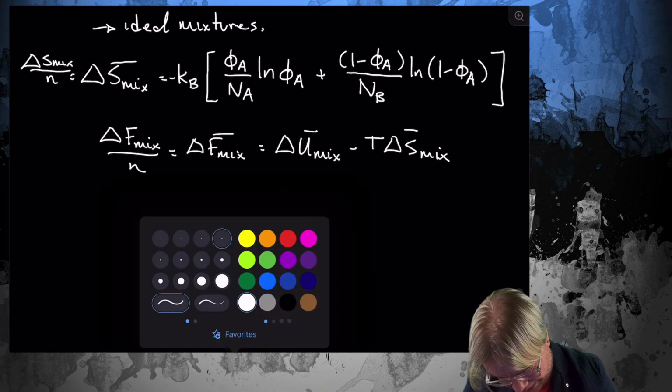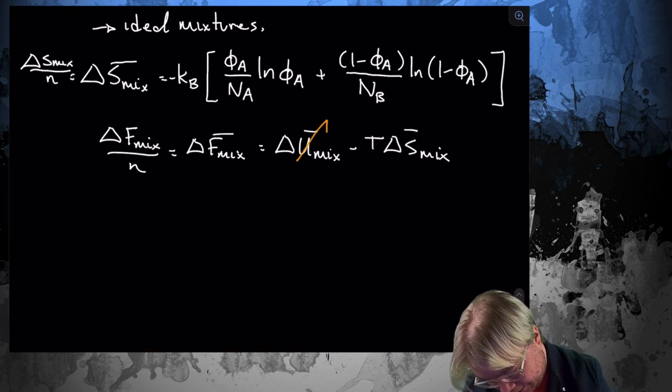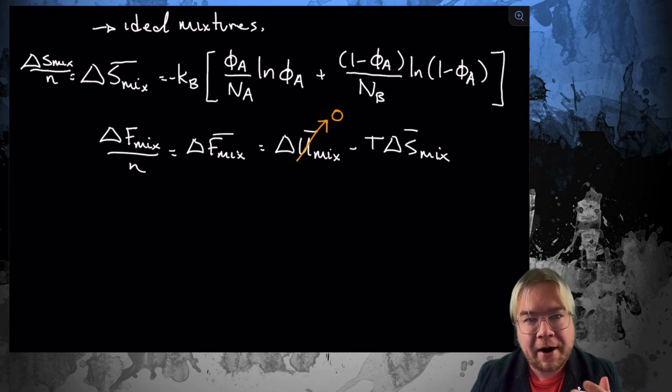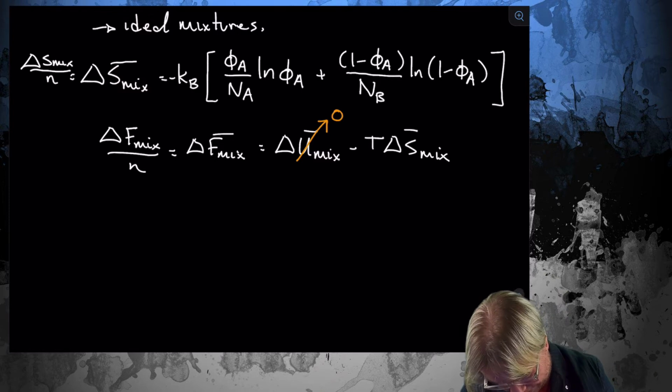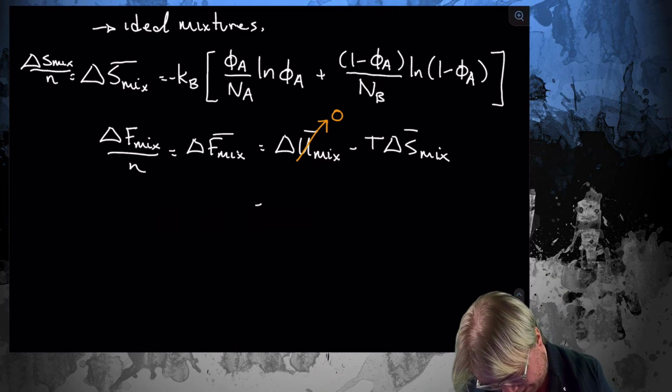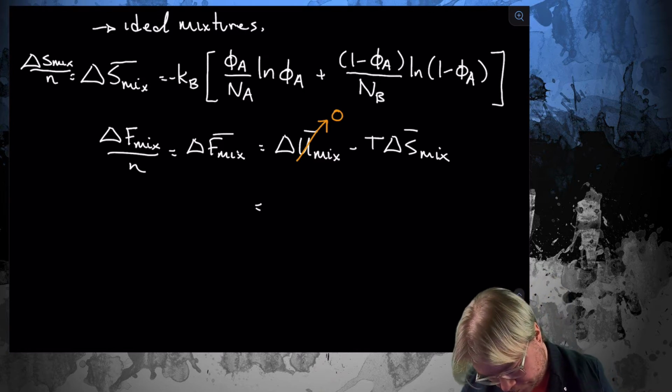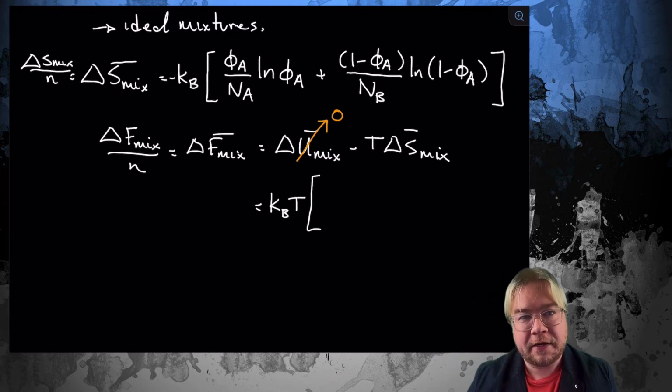And again, if we have an ideal mixture, then this delta U is going to be 0. Again, because there's no difference in the interactions between the different species. So that's how we arrived at the fact that the free energy of mixing for an ideal mixture was equal to kBT, and then times all of that stuff in the brackets.